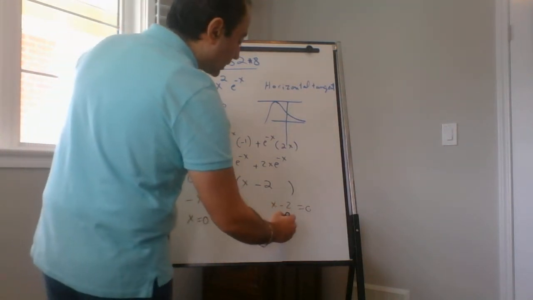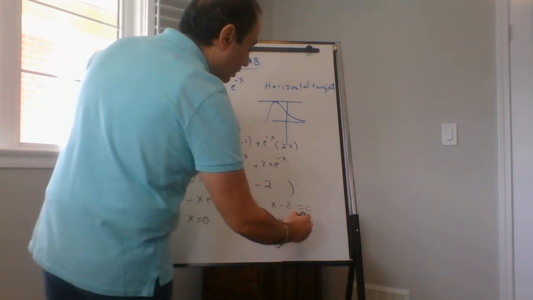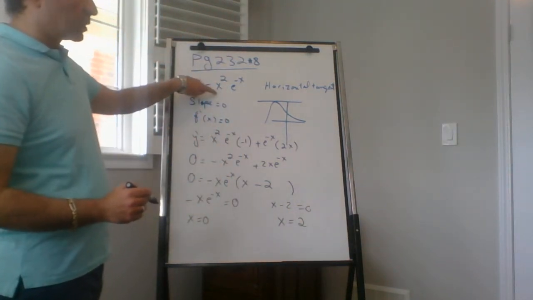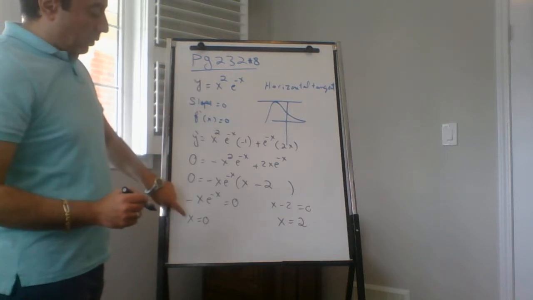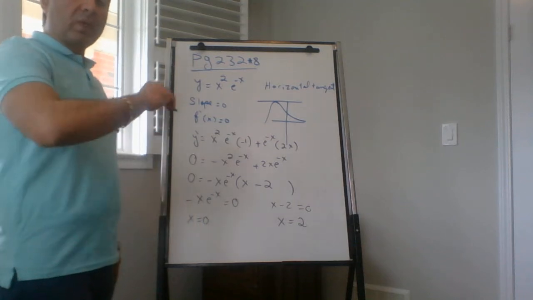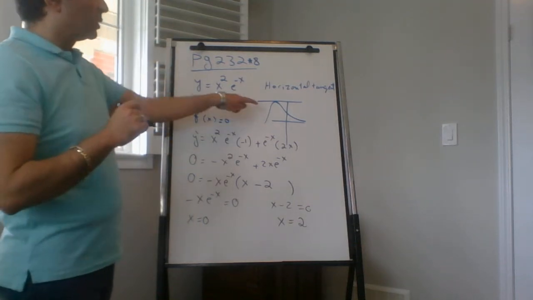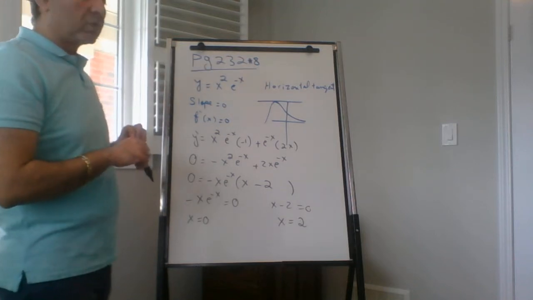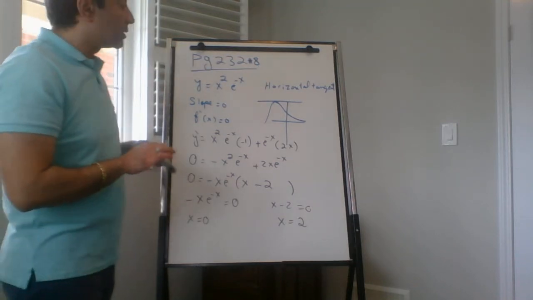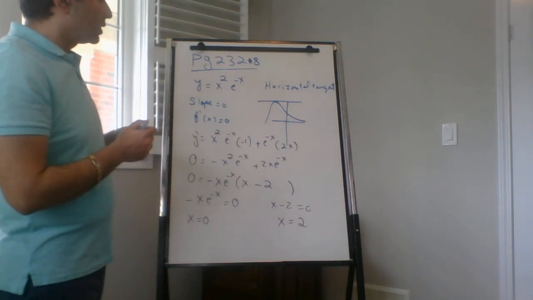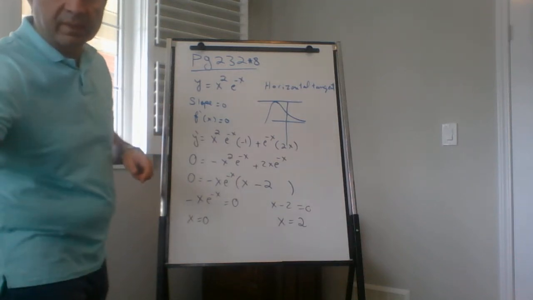The second, the value that makes this factor 0, is 2. That means if we draw the curve that represents this function, when x equals 0 and when x equals 2, if we draw a tangent line, the tangent will be horizontal like this, a line with a slope that equals 0. Alright, so this is the question, page 232, number 8.